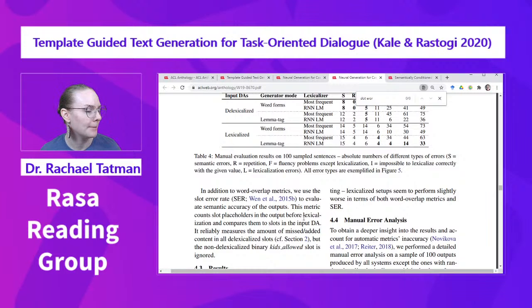So, my understanding, having dug into this a little bit, I asked on Twitter during EMNLP, I didn't get any responses. So we'll just figure this out on our own.